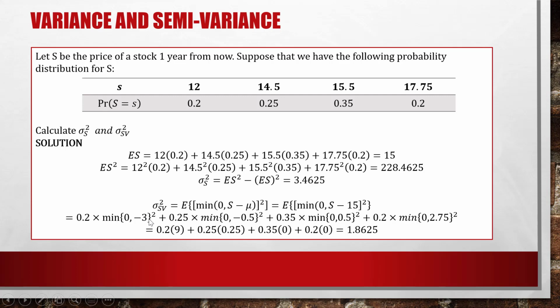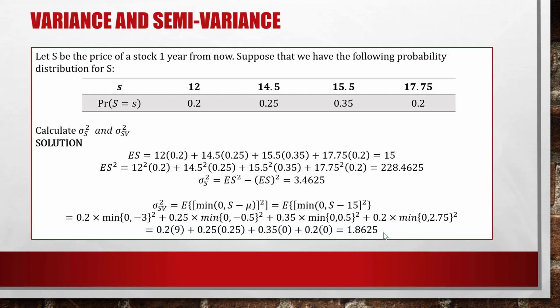The -3 squared is 9. See that? The minimum between 0 and -0.5 is -0.5. Then square, we got 0.25. So we got 0.2 times 9 plus 0.25 times 0.25. The last two are just 0. We can ignore that. So the final answer is 1.8625. This is the semi-variance. See that?